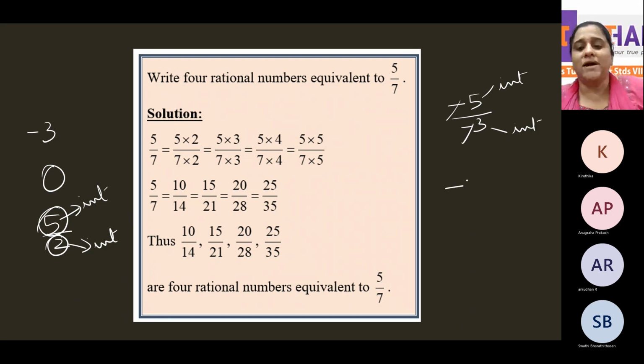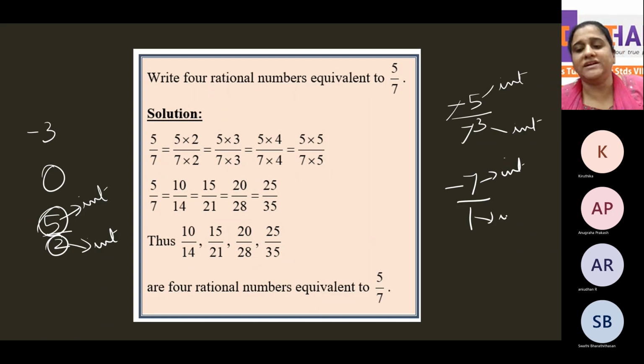Now tell me, is minus 7 a rational number? When somebody asks you, is it a rational number, what should you ask yourself? Is the numerator an integer? Is the denominator an integer? If it is yes, it's a rational number. So it's not in the fractional form, so put a by 1. Is the numerator an integer? Yes.